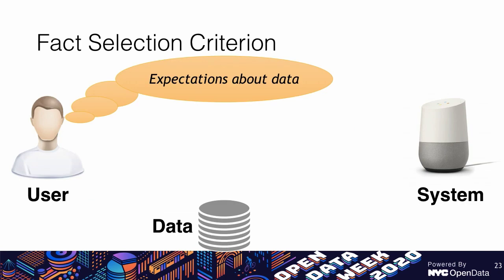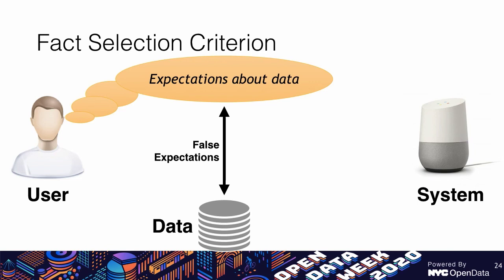Now, we generally assume the following model. We assume that users initially have some kind of expectations about data. Now, those expectations are probably somewhat distant from the actual data, so there is a mismatch between expectations and the actual data.